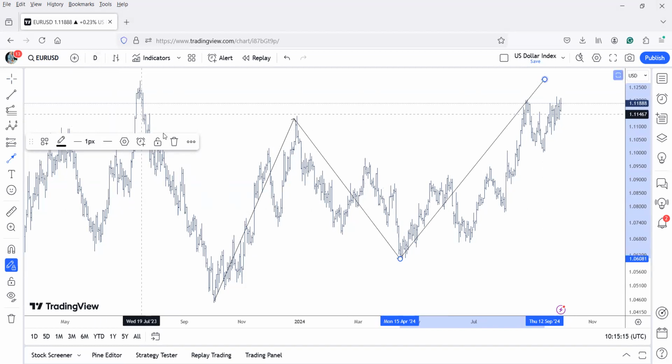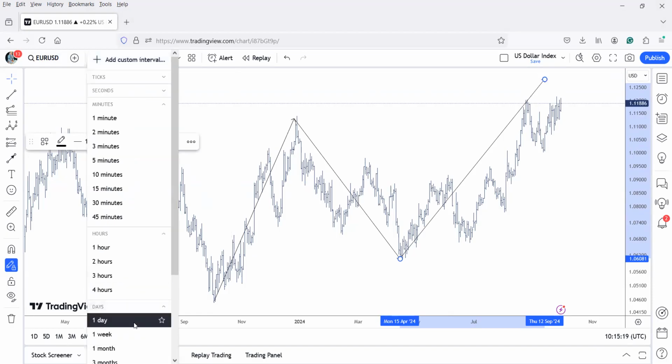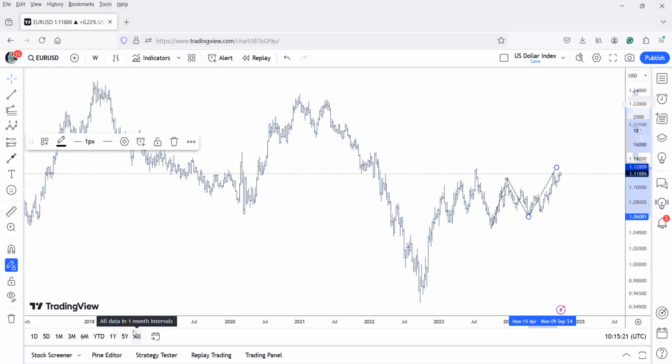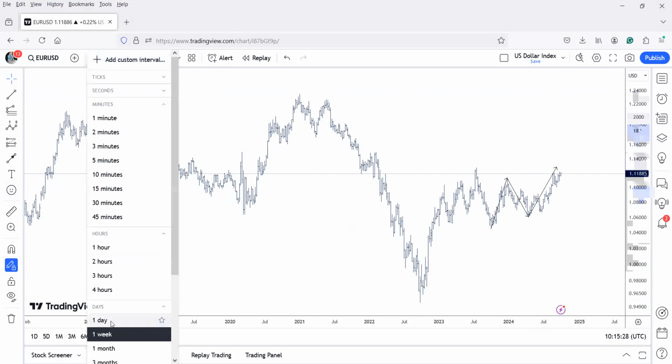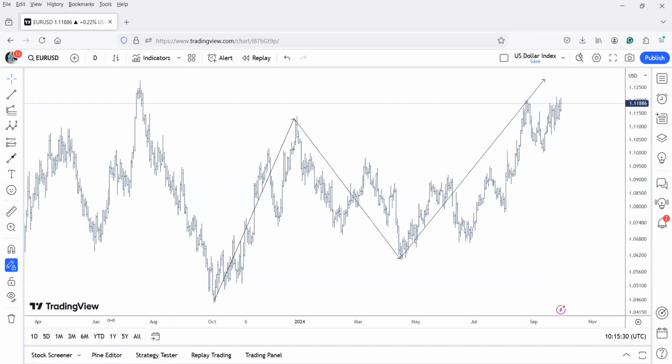If I open up the weekly chart, weekly is also not necessary. The daily chart itself is good enough.